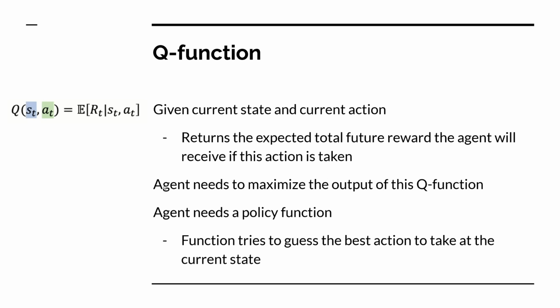Now, the main goal is that the agent needs to maximize the output of this function. And so the agent needs a function called a policy function. This function is going to try to guess the best action to take at that current state.